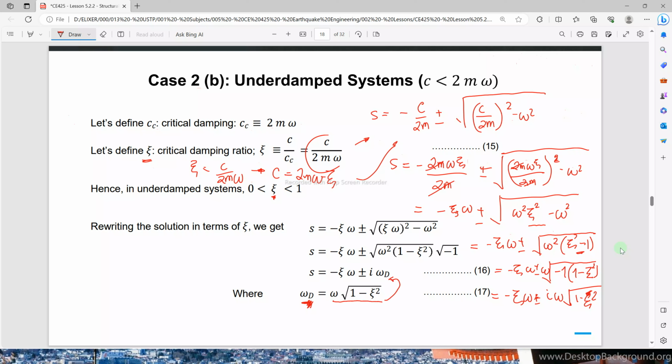It is just substituted there. So instead of positive and negative i omega from the undamped condition, our s now has a negative xi omega plus or minus i omega d. The damping is already involved in this one.